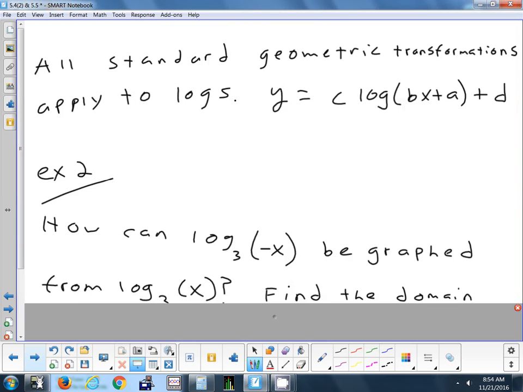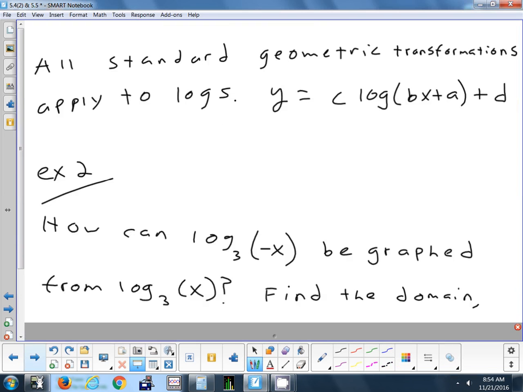Okay, all the transformations that we learned apply to the logarithms as well. All right, so can somebody tell me, you don't have to tell me all of them, but what A would do to this? What kind of transformation is that? Yep, that's your horizontal shift. What about B? Yep.